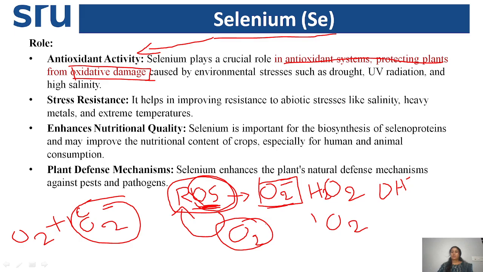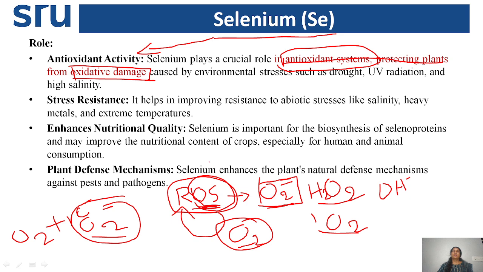This lack of electrons, the requirement of electrons, is fulfilled by antioxidants. Antioxidant means that even though it loses one electron, it remains stable. Those compounds we call antioxidants. Not only selenium, we have a lot of antioxidants.